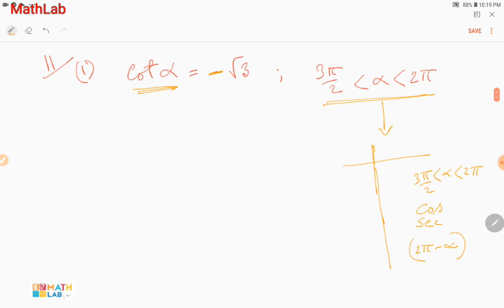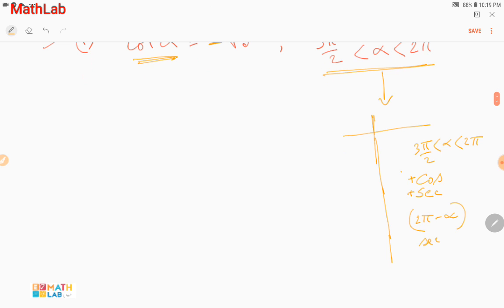In this quadrant the other four trigonometric ratios, sine, tan, cosec and cot, all four are negative.